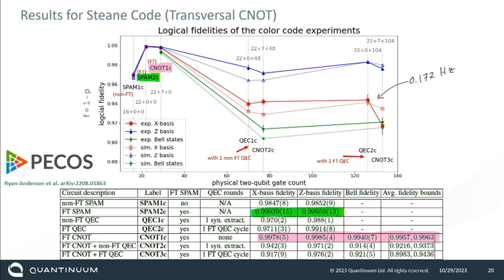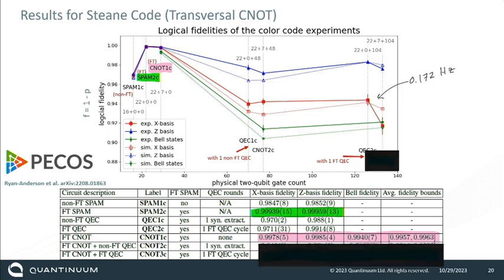That means we're fault-tolerantly initializing the code, and then fault-tolerantly measuring it out. And we get 99.945% fidelity, so that's pretty high as well. That's pretty cool. And this is, I think, an order of magnitude improvement from the numbers Natalie showed, because we're continuously improving the device.